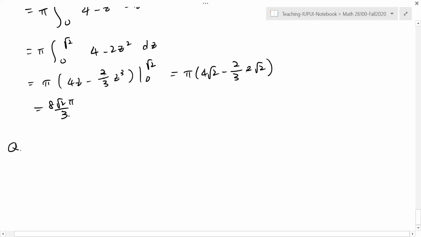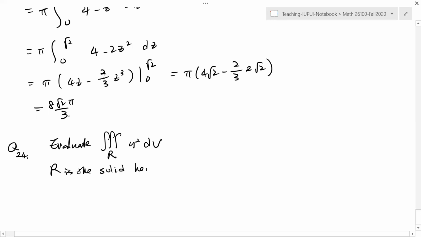Right, I'm just going to set up integrals. Okay, so it's number 24. Evaluate this triple integral. And here R is a solid hemisphere, x squared plus y squared plus z squared less than or equal to 9, and y is greater than or equal to 0.